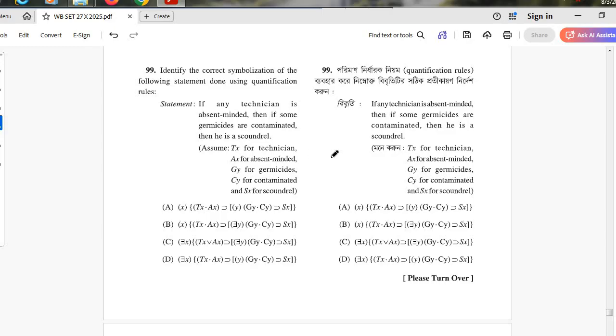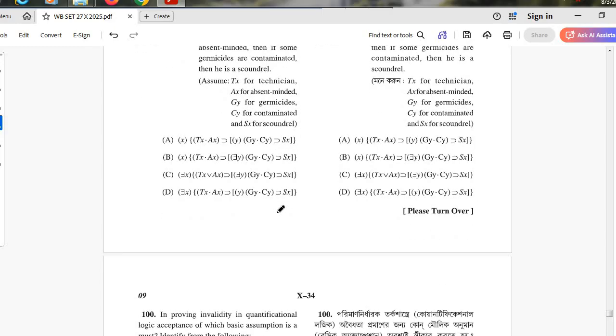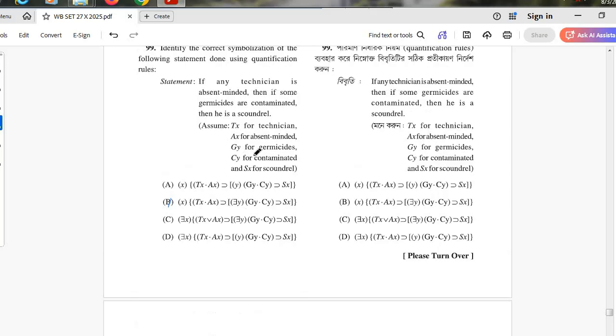Assume Tx for technician, Ax for absent-minded, Gy for germicides, Cy for contaminated, and Sx for scoundrel. The correct answer, question 99, is option B. For all x, third bracket, first bracket, Tx and Ax, this is the symbolization.